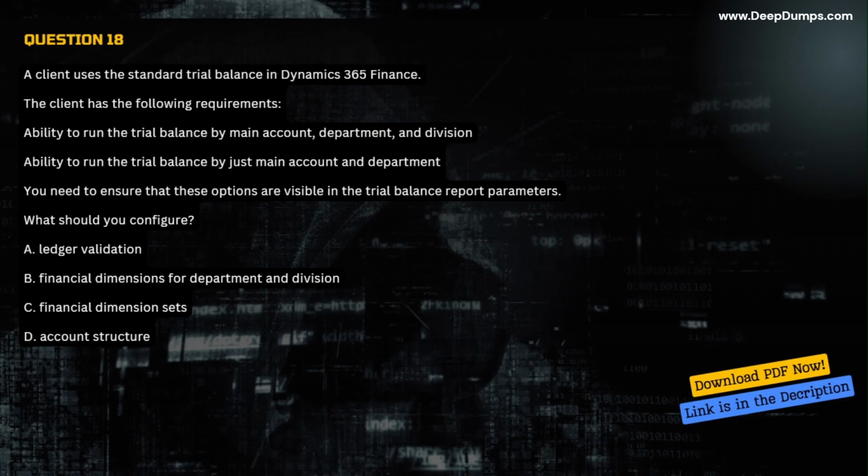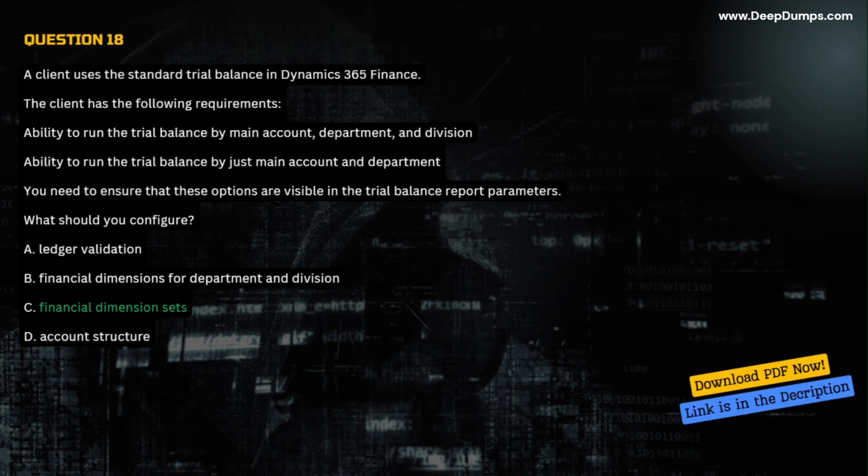You need to ensure that these options are visible in the trial balance report parameters. What should you configure? A. Ledger validation. B. Financial dimensions for department and division. C. Financial dimension sets. D. Account structure. Correct answer, C.